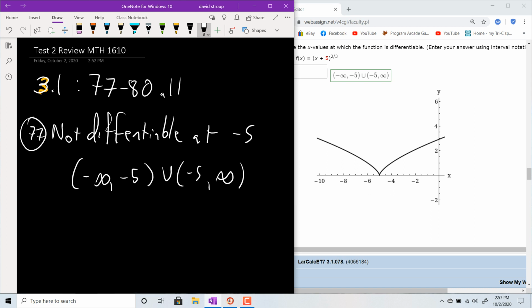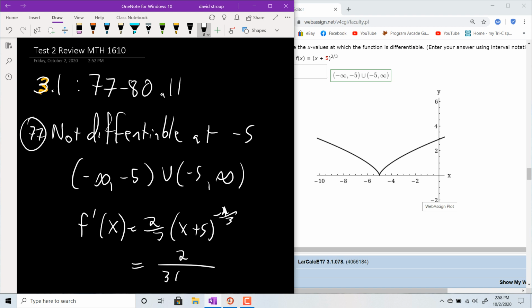If you don't know why it's not differentiable, you can always take the derivative of that function. So f prime of x would be 2/3 times (x plus 5) to the -1/3, and the expression is 2 all over 3 times (x plus 5) to the 1/3.